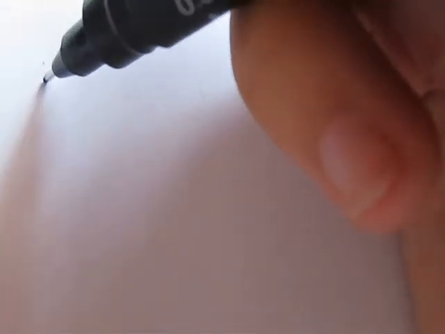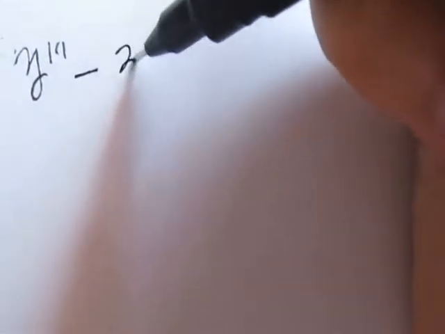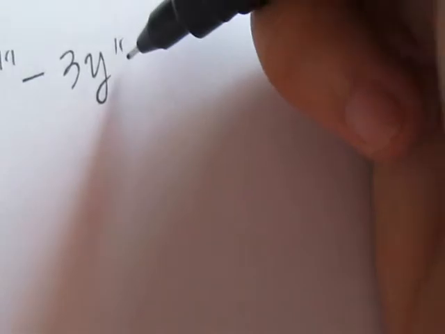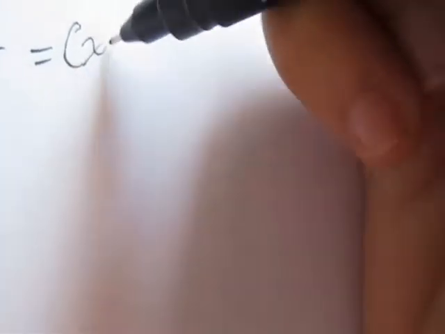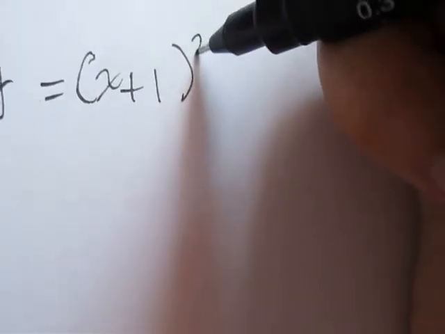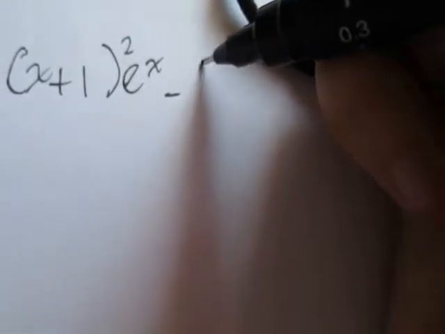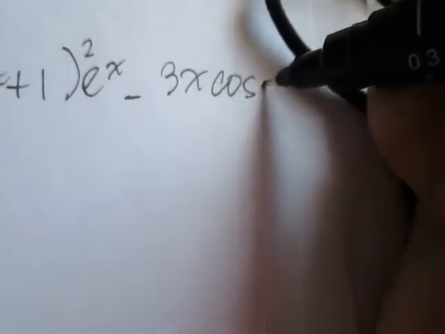After getting the first, second, and third derivatives, we substitute them into our original equation, which is y''' minus 3y'' plus 3y' minus y equals (x plus 1) squared e to the power of x minus 3x cosine x.